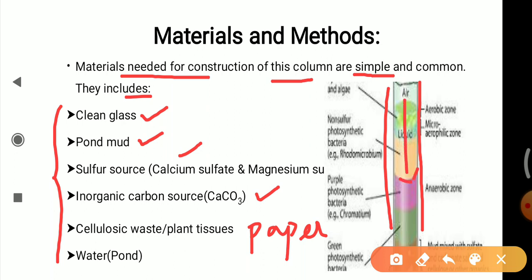After filling the column, we pour in water. Then we expose the column to sunlight at room temperature, and we examine it every week and record any change in color.